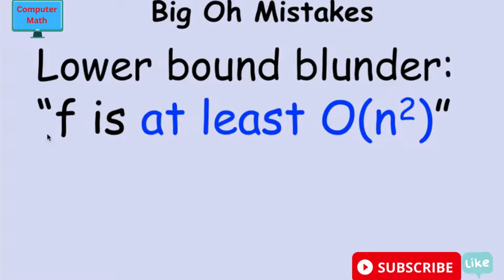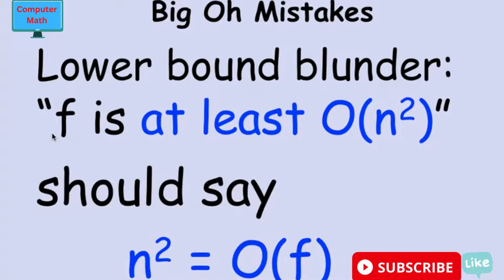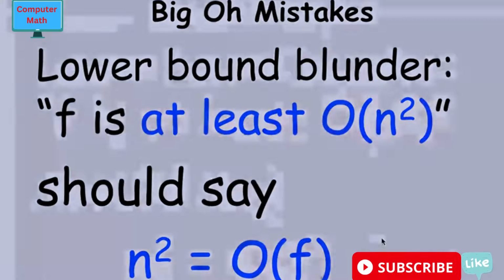If you want to say intuitively that n squared is a lower bound on f, then all you have to do is say that n squared is O of f. And that is a proper use of O, of getting a lower bound on a function by saying that the lower bound is O of the function.